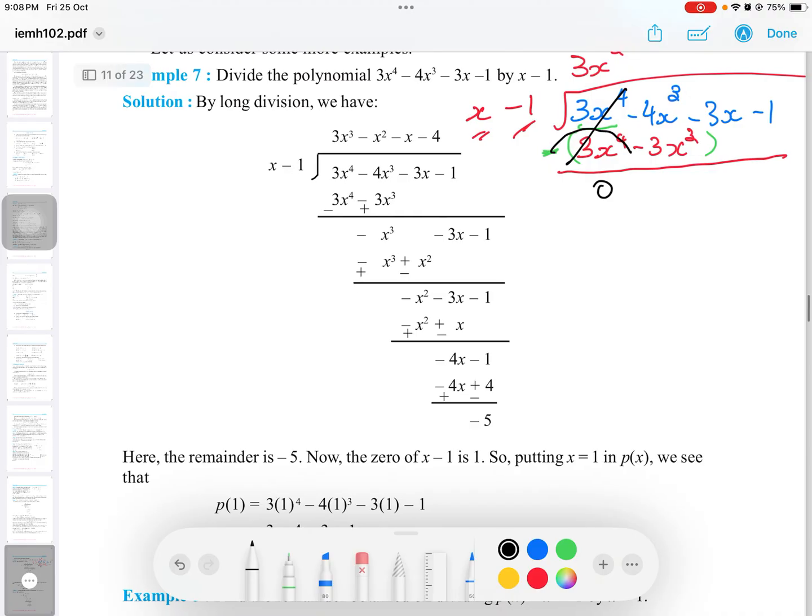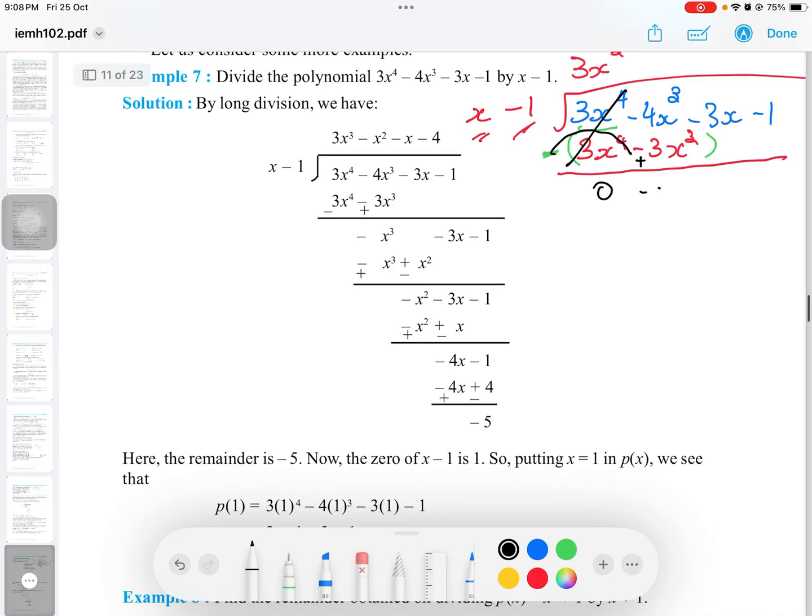Now minus times minus, that's going to result in a plus. Now minus 4x cubed plus 3x cubed, that would give you negative x cubed. And then you write the remaining terms down as they are.